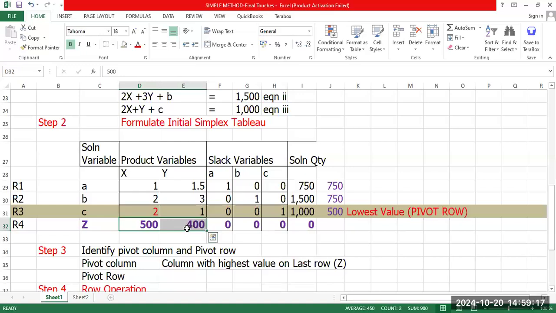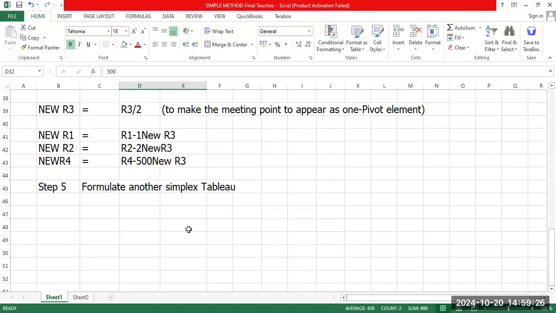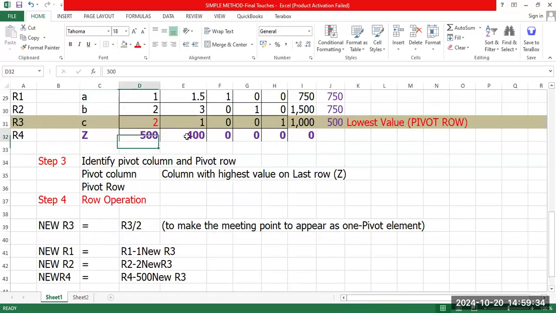For it to be a final table, these values on your product variables must be negatives. So let's see whether this next simplex table will have negative values here. If they are not negative values, we will repeat the same procedures.